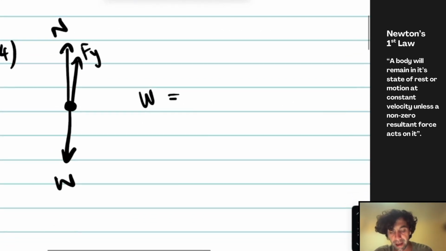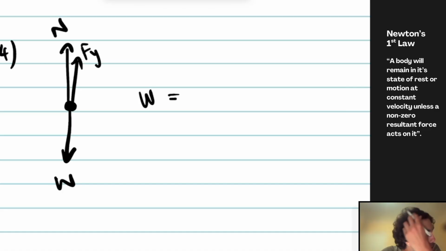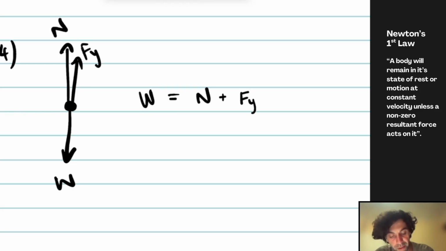The weight that acts downwards must balance all of the forces that are acting upwards. So I can say that W is equal to the sum of those two upwards forces, which is going to be your normal force and the Y component of your applied force.